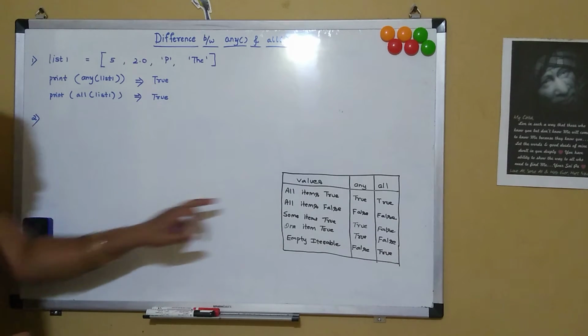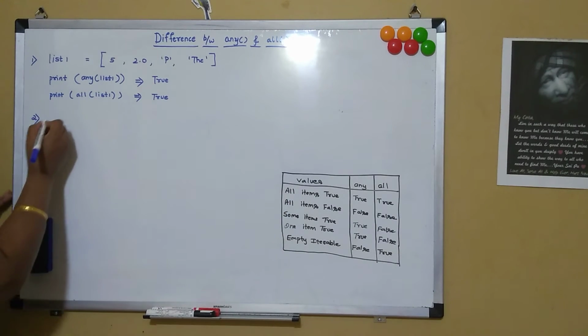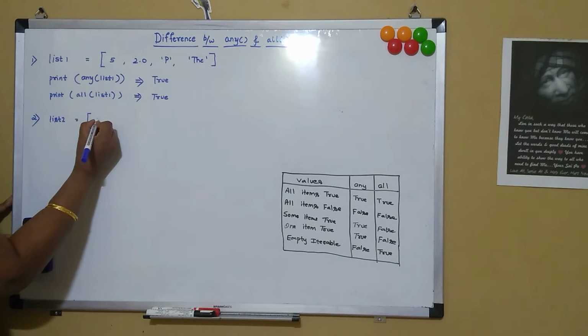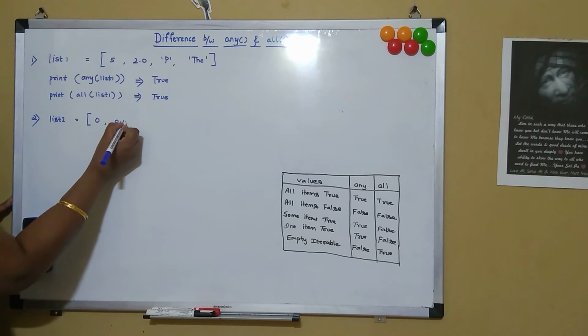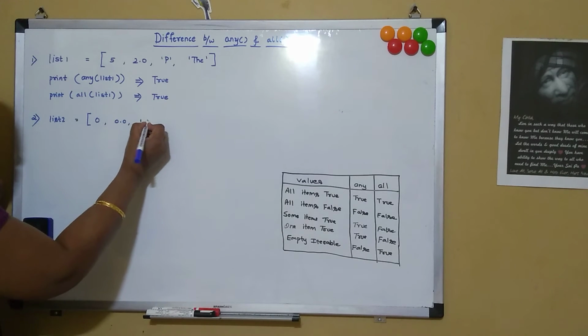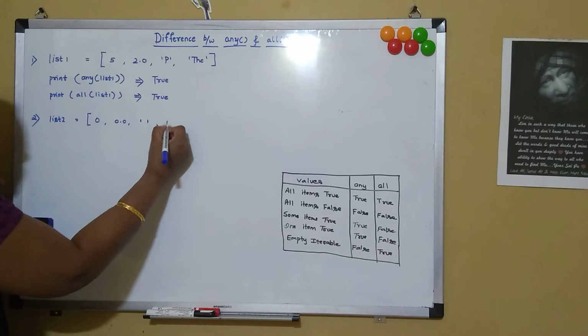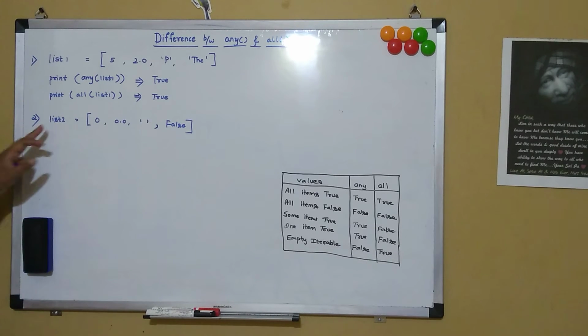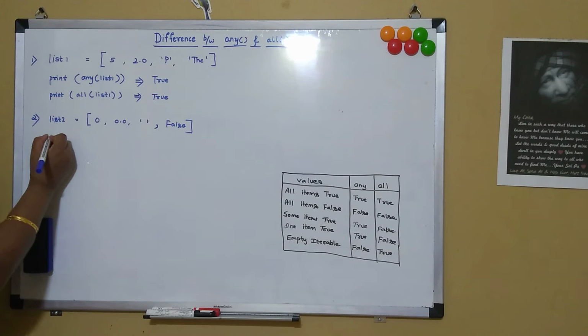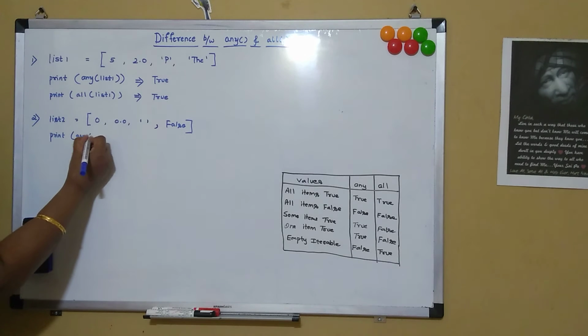In the second scenario, all items are false. So let us take a list2 having 0, 0.0, empty quotes, and then False, Boolean false. So in my list2, all the values evaluate to false. So what will be the output when I pass list2 to the any function?